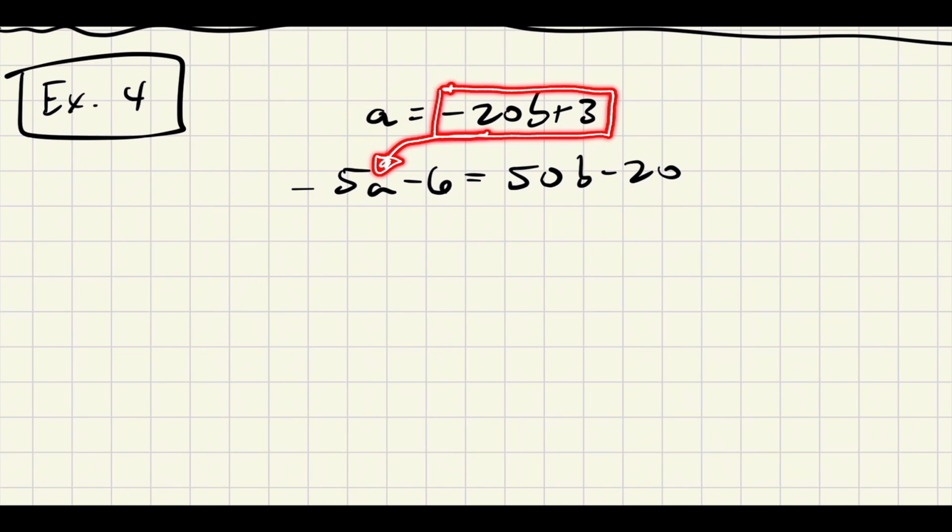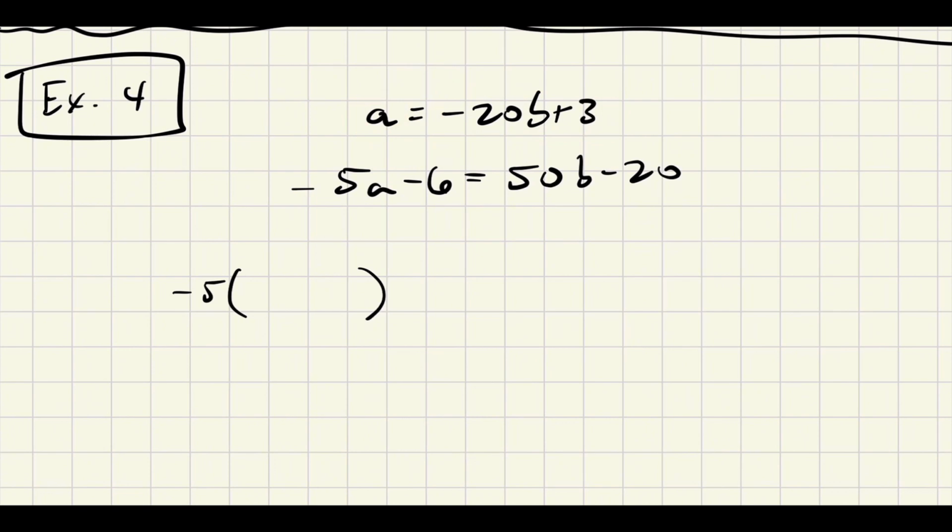Okay, so I'm going to rewrite the bottom, but instead of A, I'm going to write negative 20b plus 3. So let me rewrite the second one. So negative 5 parentheses. This is where I'm plugging in negative 20b plus 3.